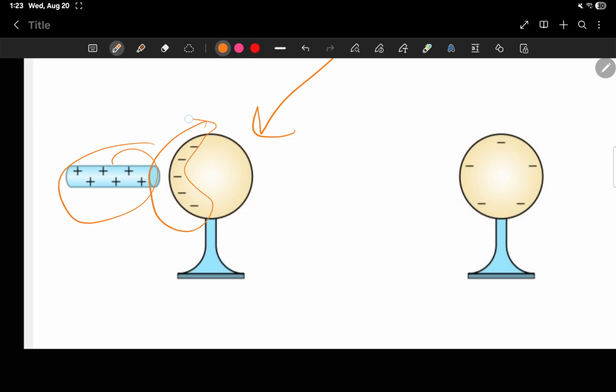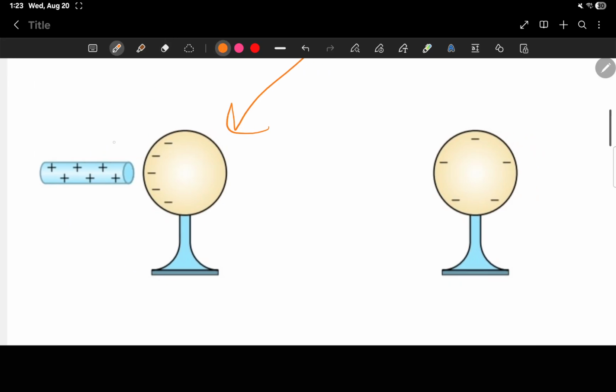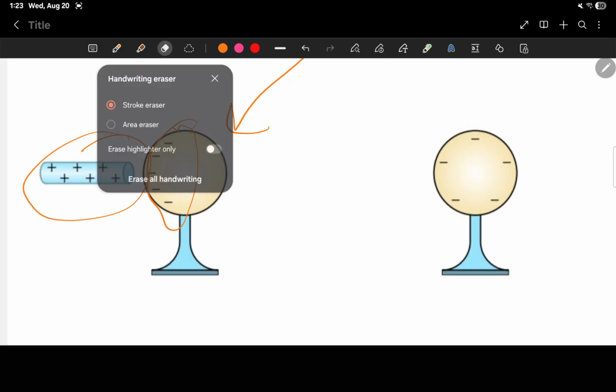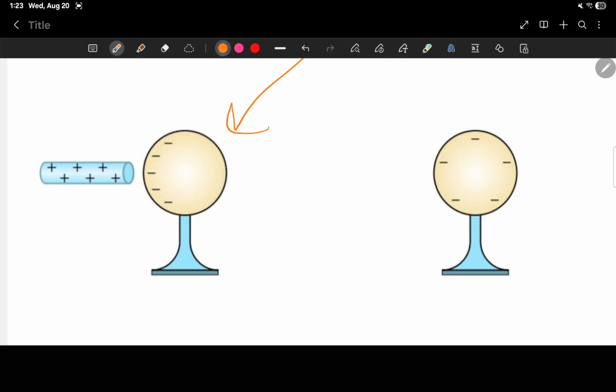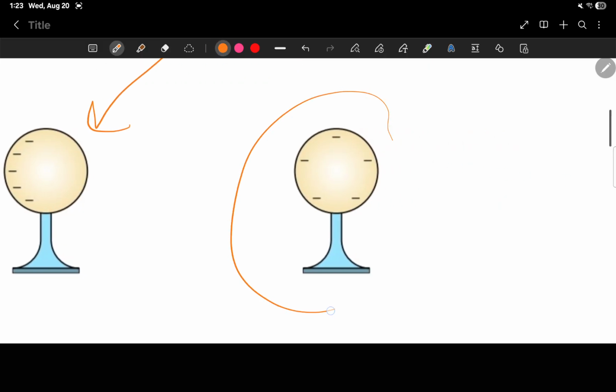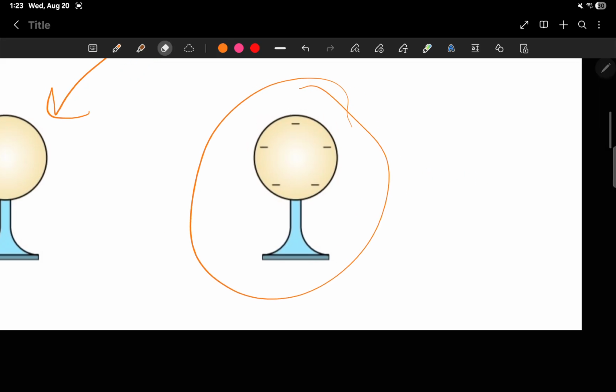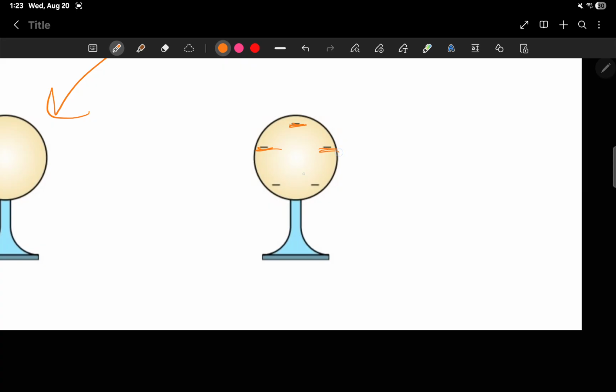There are two lovers that really love each other, and they're really trying to get closer to each other. And then the glass rod decides to dump its partner. So we remove the glass rod that's positively charged, and now we have the sphere again. It's on its own, and it is sad, and it's negatively charged.